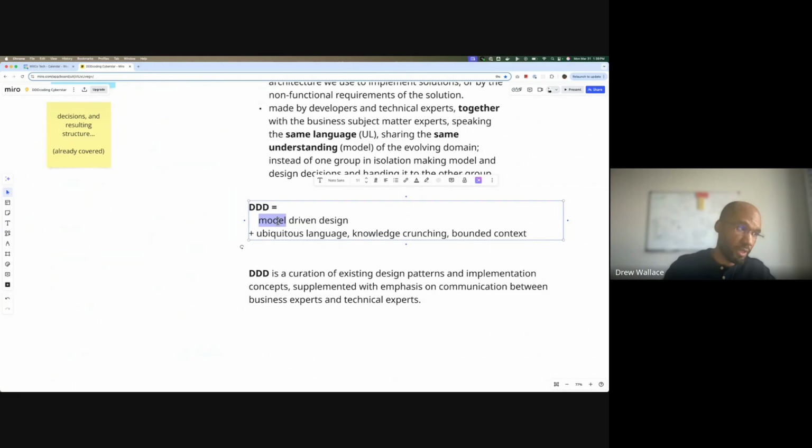You can go to Wikipedia and find a definition for it, but basically, DDD extends model-driven design, and it adds ubiquitous language, knowledge crunching, bounded context to kind of extend what model-driven design already gives. We'll get into that a little bit, I think in session 2, actually.